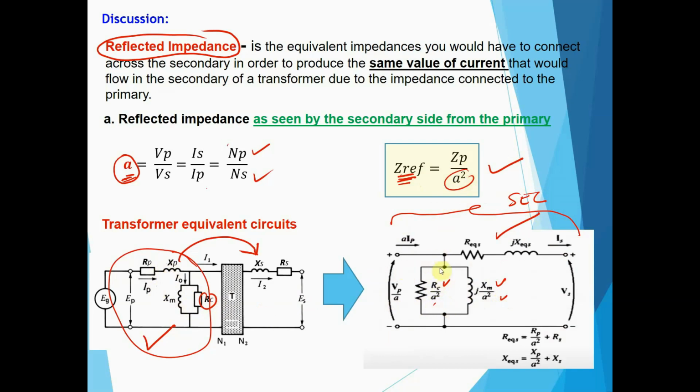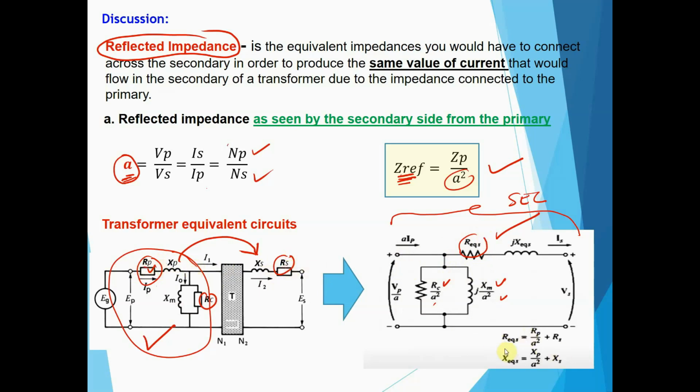Now I am reflecting this to the secondary side. What about the resistance, the copper loss? We have RP, the primary resistance, and RS, the secondary resistance. So I need to combine these two, RP and RS.